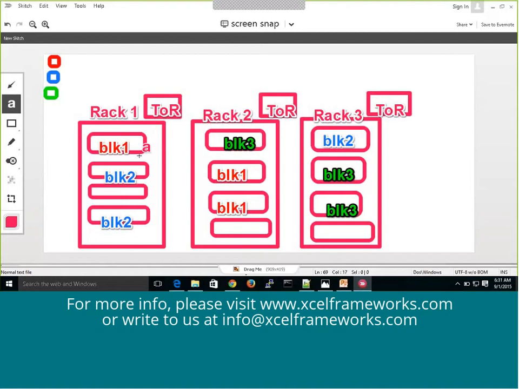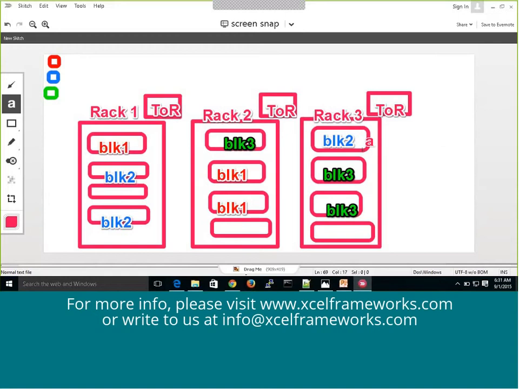One block is always written into one server in a rack, and two succeeding blocks will be written into two different servers, but on a single second rack. So this is how all three replicas are placed across the nodes in the cluster. This is not enabled by default.